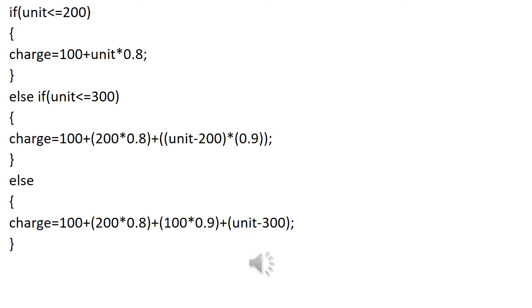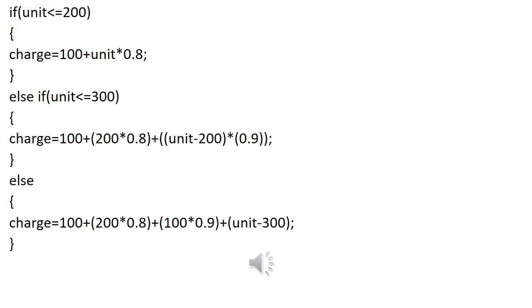So for the first 200 units, the charge is unit into 0.8, indicating 80 paisa, plus 100 rupees as the minimum charge for the meter. So 100 plus unit into 0.8, if the units consumed are less than or equal to 200. I am going to store that in charge.